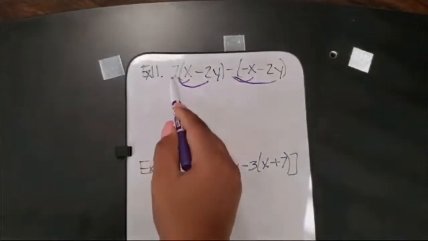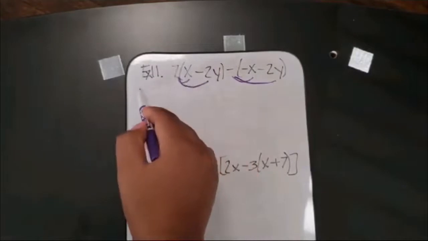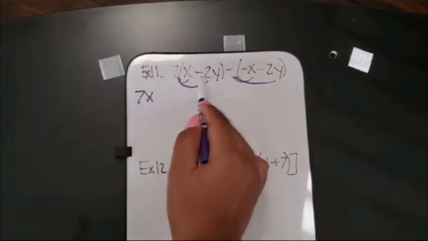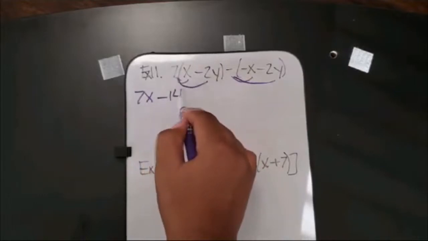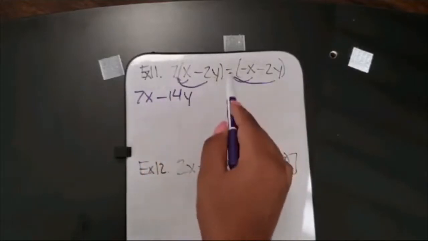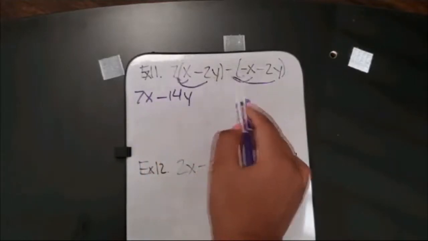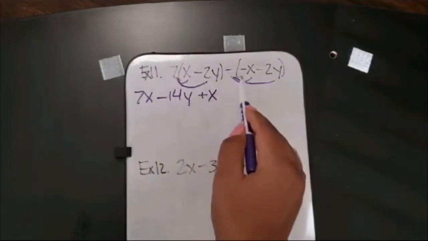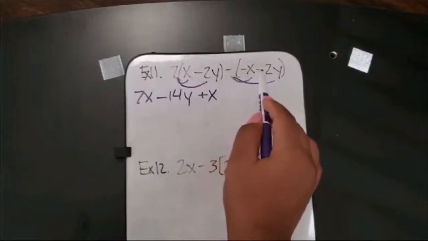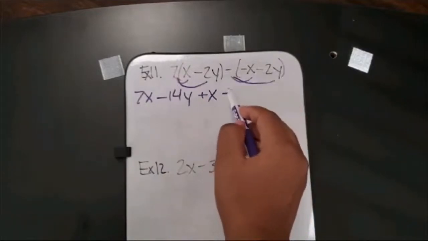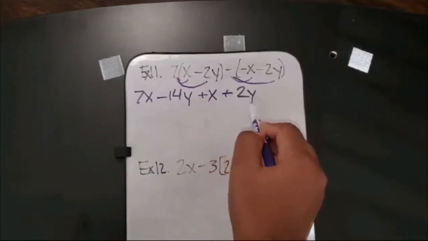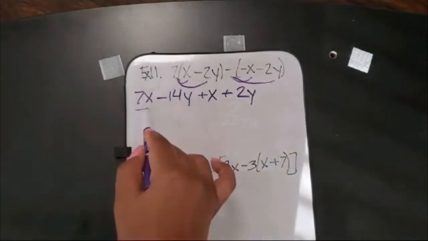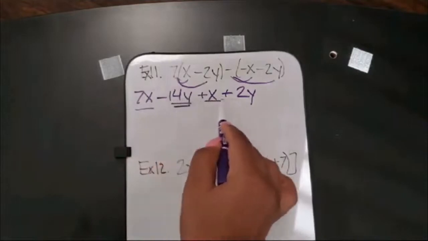So 7 times x is 7x. 7 times negative 2y is negative 14y. Negative times negative x, remember a negative times a negative is a positive. Then we have a negative times a negative 2y. Once again, that turns into a positive. Now we can combine like terms.